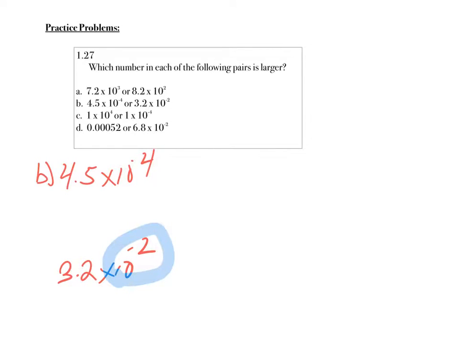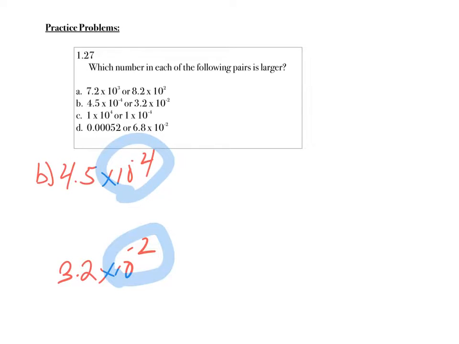We have 10 to the negative second and 10 to the negative fourth. Which is bigger? You might say 10 to the negative fourth is bigger because it's a 4 versus a 2, but you'd be wrong. 10 to the negative fourth is actually smaller. That's 1/10,000th of something, whereas 10 to the negative second is 1/100th of something.